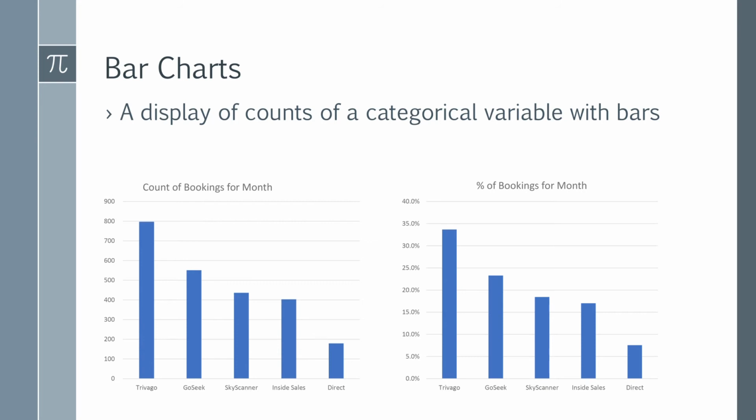So you can see that we've got an axis there of percentage. On the relative frequency chart, we've got our marketing channels across the bottom, the horizontal axis. We look over at the count of bookings. We have the same thing there. We've got our vertical axis on the left that gives us our counts, and our horizontal axis across the bottom gives us our marketing channel.